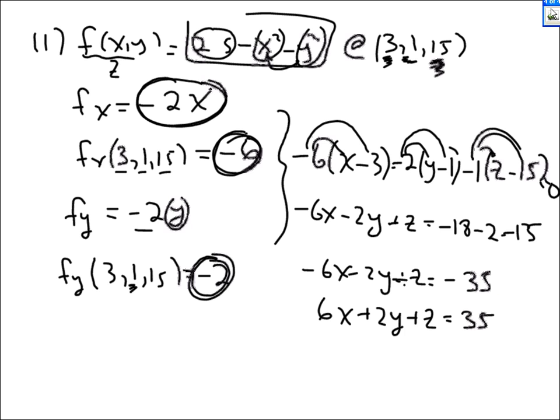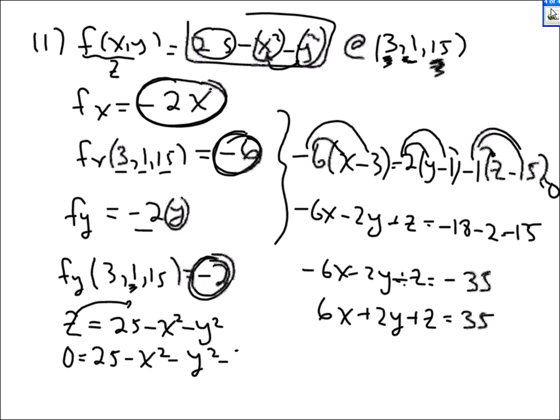Okay. Now, possibly what we should have done was, we had that z is equal to 25 minus x squared minus y squared. If I bring the z over, I get my 0 minus z. Okay?